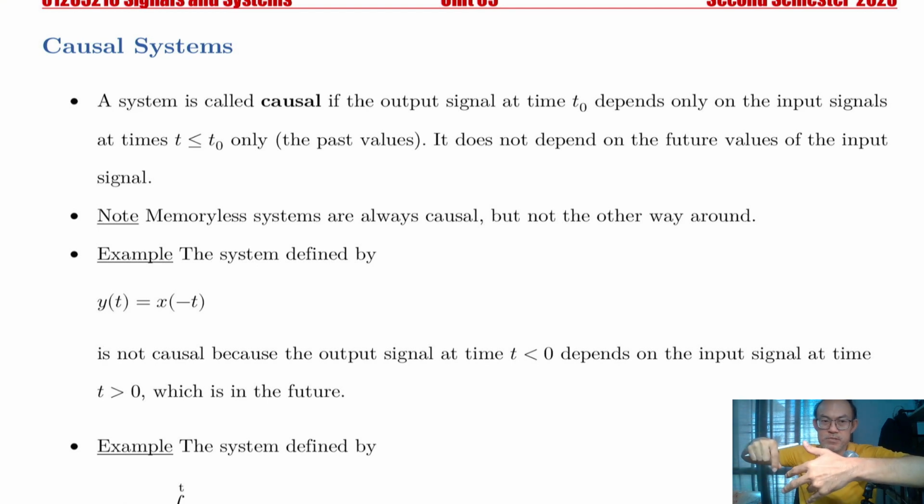So if your system is digital, then it may be possible to construct systems that are non-causal. But if your system is analog without any memory at all, then you cannot have non-causal systems. You can only have causal systems.